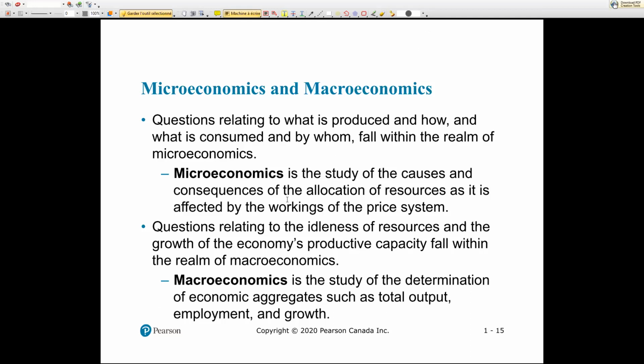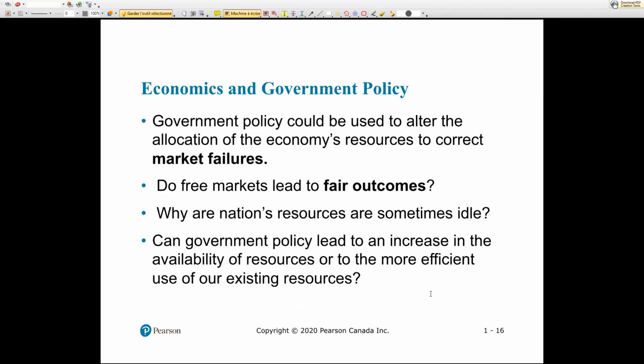So they have a microeconomic model underneath, and then we study the macroeconomic consequences of this model. Government policy. So that's something that we talked about in terms of idleness.